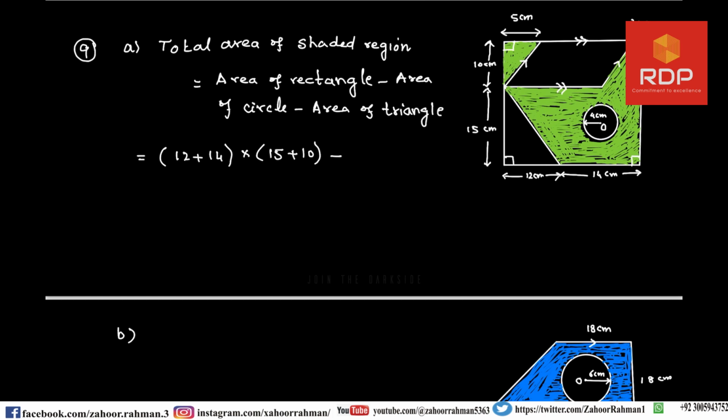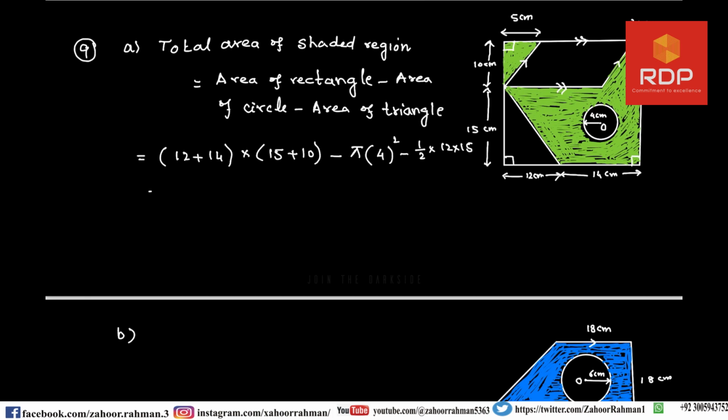Minus area of the circle, which will be equal to pi, and 4 is the radius, so we take the square of 4, then minus the triangle, 1 over 2 into 12 into 15. You can see that this is the base and that is the height.